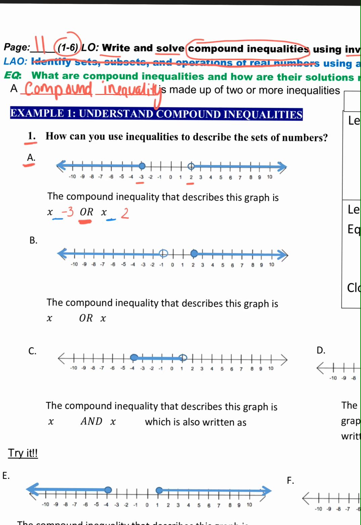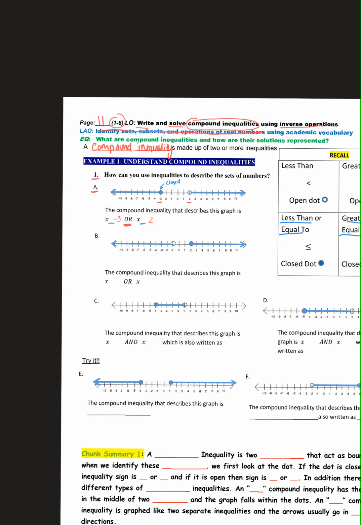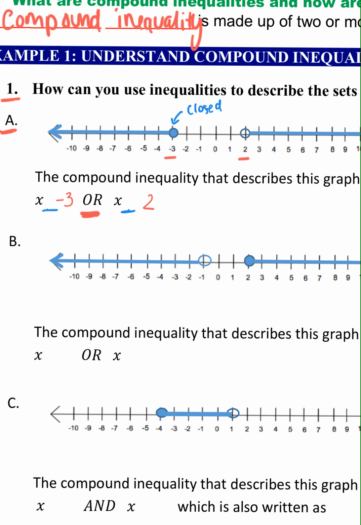So first things first, I see that this is filled in, it's closed, and since it's closed, it's either less than or equal to or greater than or equal to. So I know that my sign is going to have that or equal to sign. Now I need to discuss whether x is less than -3 or x is more than -3.